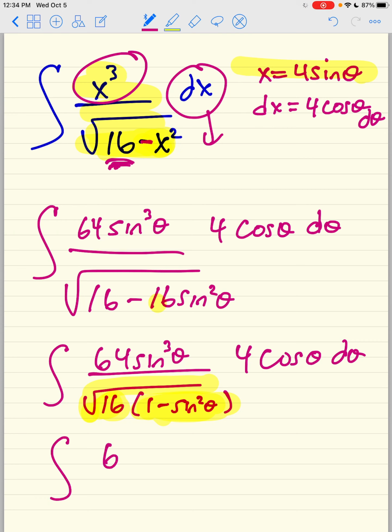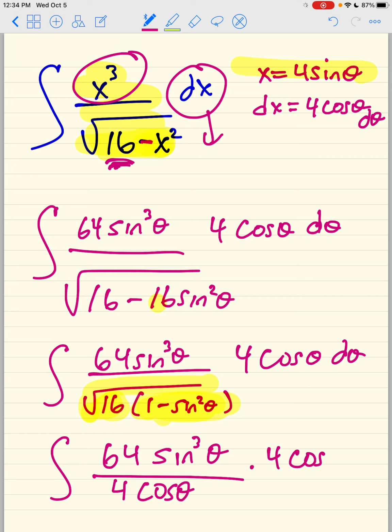So this is actually 64 sine to the third over 4 cosine theta times the 4 cosine theta d theta that I got from my dx. So with that being said, this and this cancel each other out. Amazing. Pause the video if you need help.